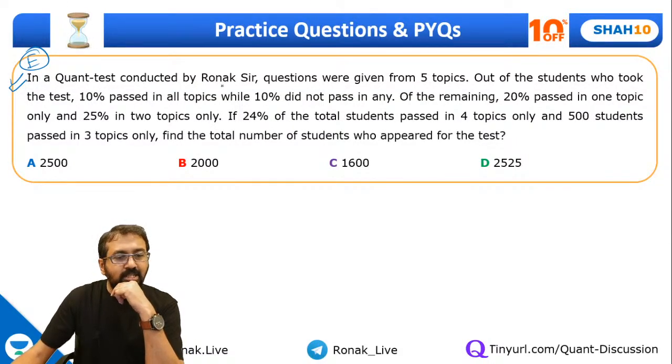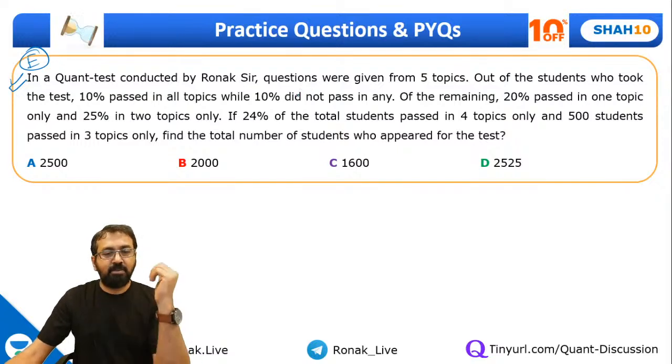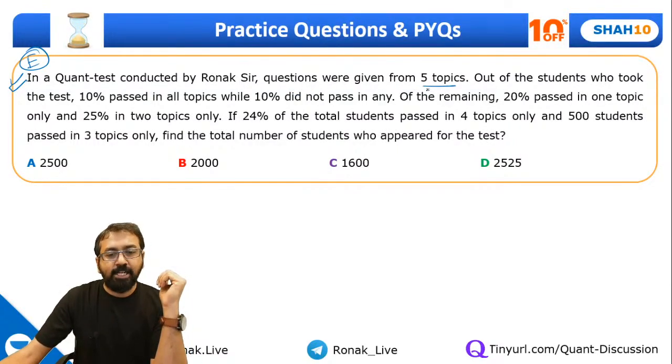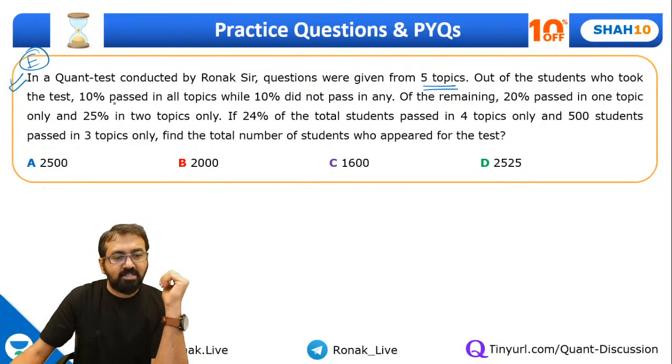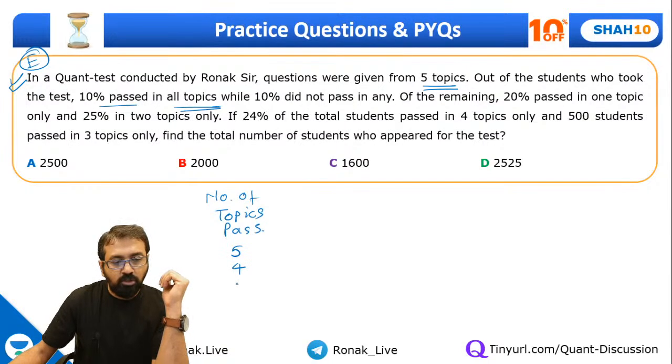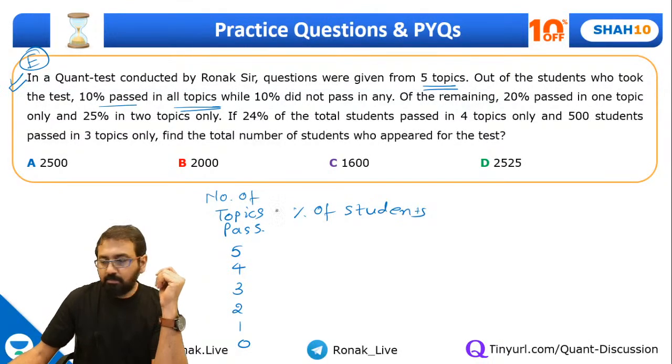So in a contest conducted by Ronak Shah, myself, questions were given from 5 topics. Out of the students who took the test, 10% passed in all 5 topics. So let me write down the number of topics passed. It can be 5, 4, 3, 2, 1, 0, and the number of students.